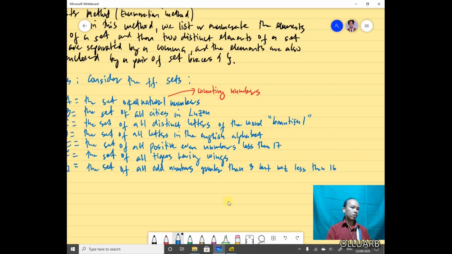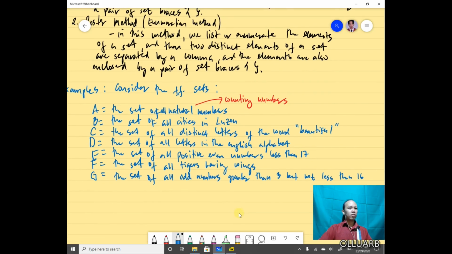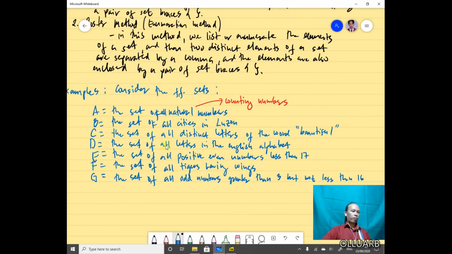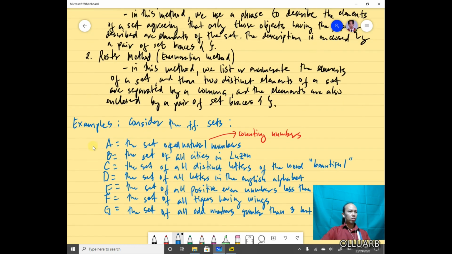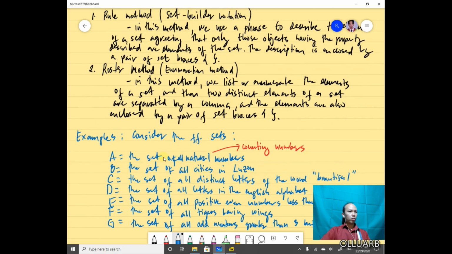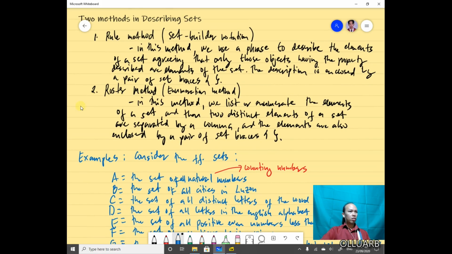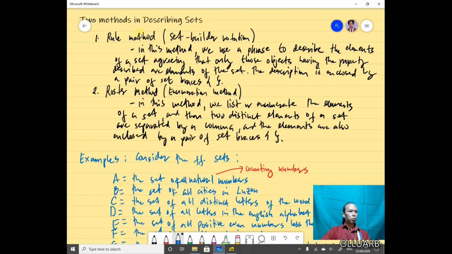Okay, let's say that one. So these examples here are not the usual way on how to write a set. These are the only two methods or ways on how to write or describe a set. Okay, we have the rule method and the roster method.